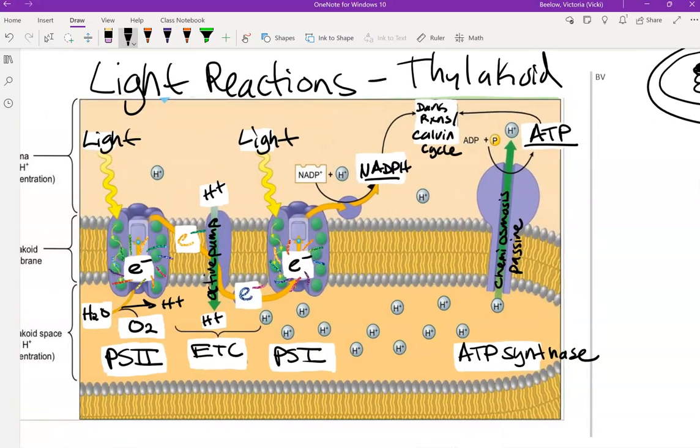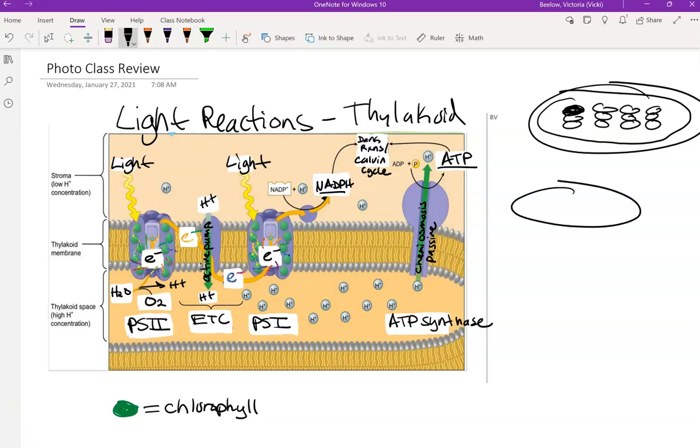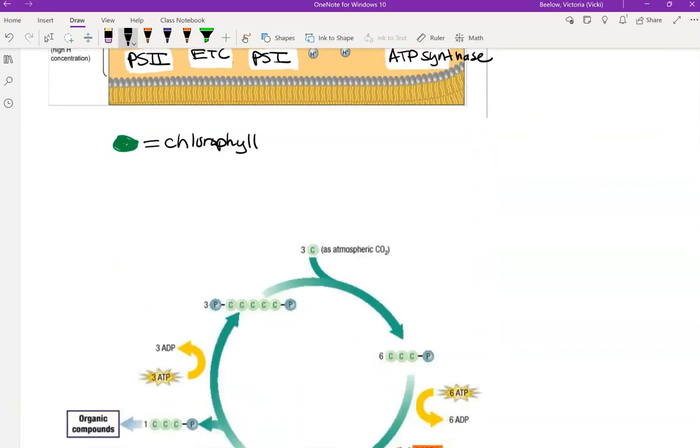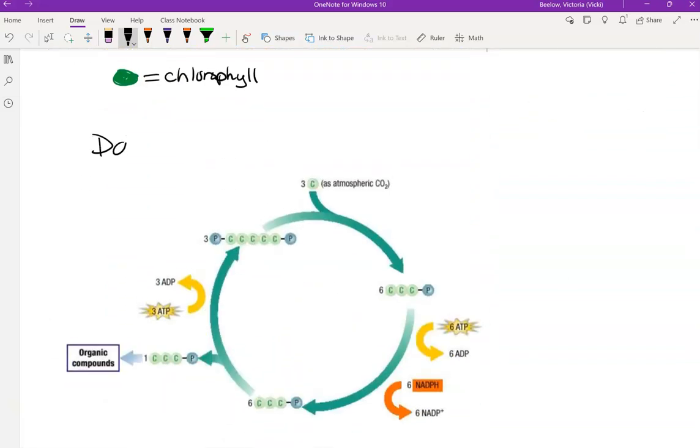So in this step, we were inside of the thylakoid, that little pancake-like thingy in the chloroplast. We used sunlight and water. We got oxygen out of this, our byproduct or waste product, and NADPH and ATP, which we're now going to use here in the dark reactions, also known as the Calvin cycle.